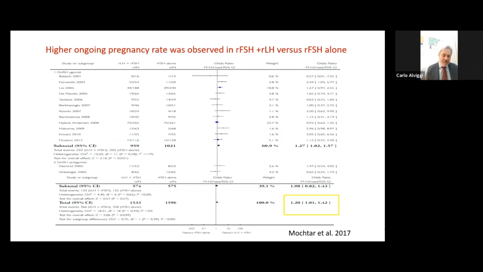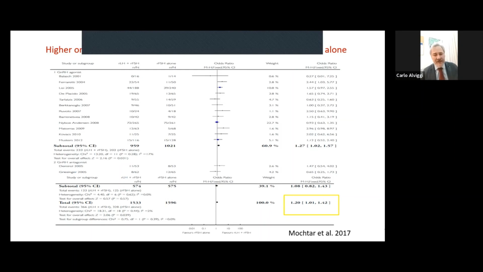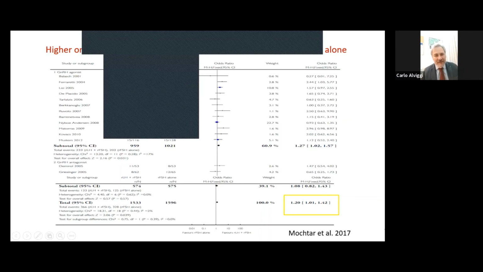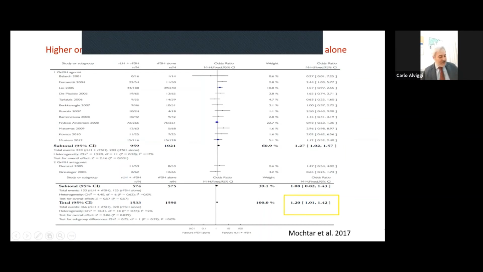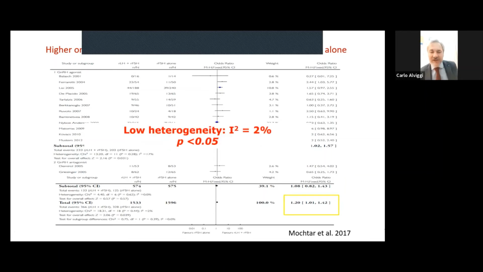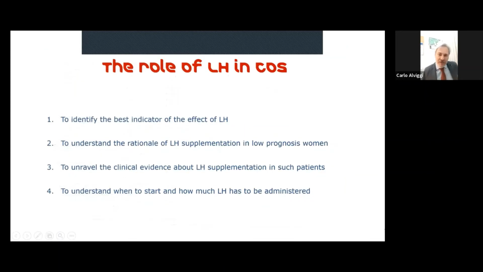And the second problem, I repeat, is that it is too far from controlled ovarian stimulation. The difference between ongoing pregnancy rate and live birth rate is 2%. Ongoing pregnancy rate is very representative of live birth rate. So there is no reason to treat it as a mathematical exercise, saying I trust live birth rate but I don't trust ongoing pregnancy rate. This is just my opinion.